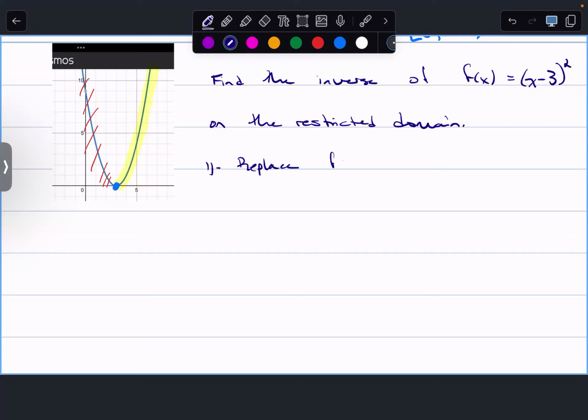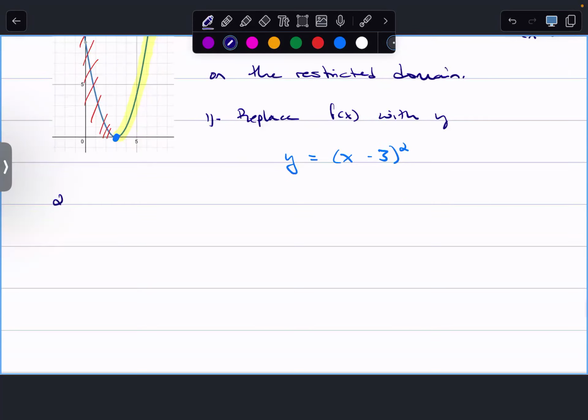So then I get y is x minus 3 squared. Now my second step is going to be to solve for x.